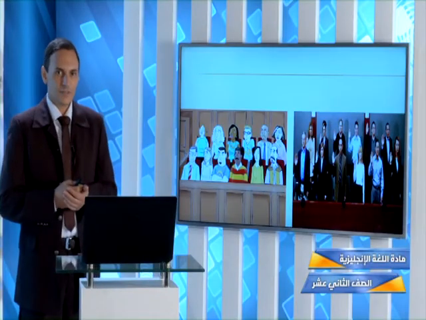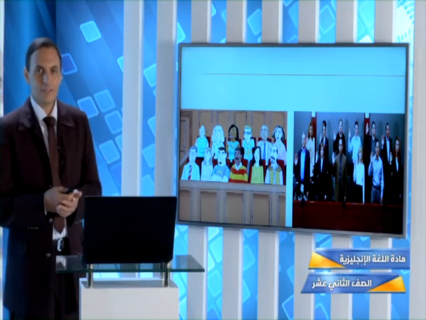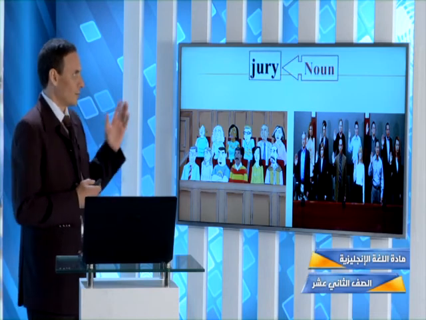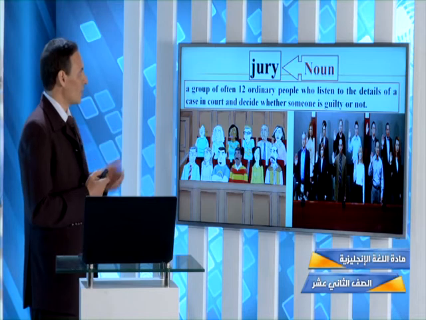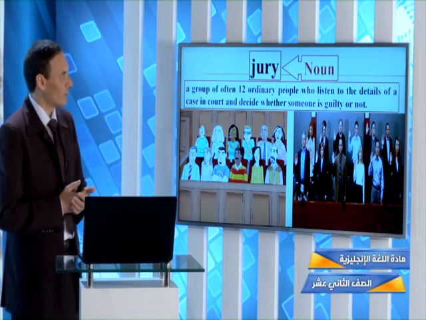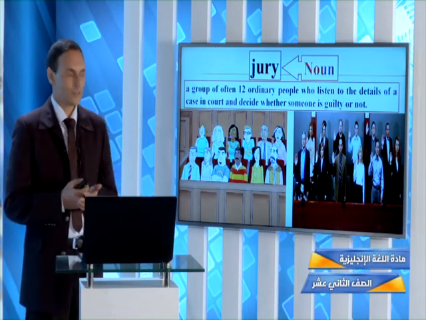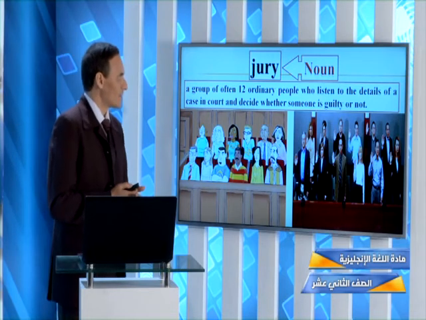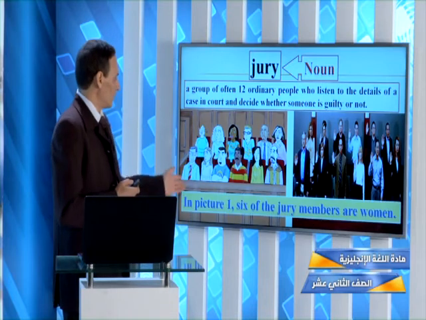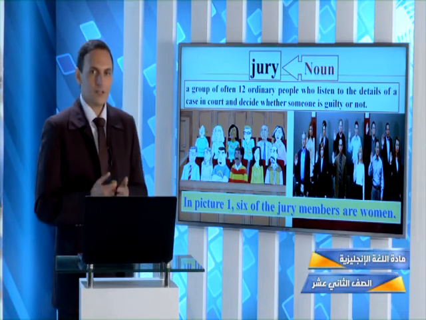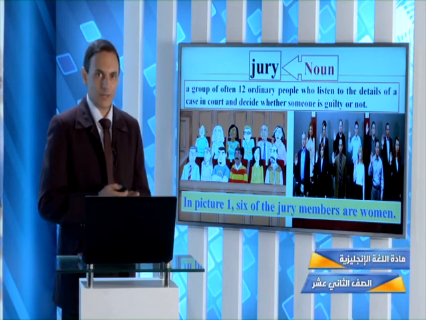Now, in each of these pictures, there is a jury. Now, a jury is a noun, which means a group of often 12 ordinary people who listen to the details of a case in court and decide whether someone is guilty or not. In picture number 1, 6 of the jury members are women.